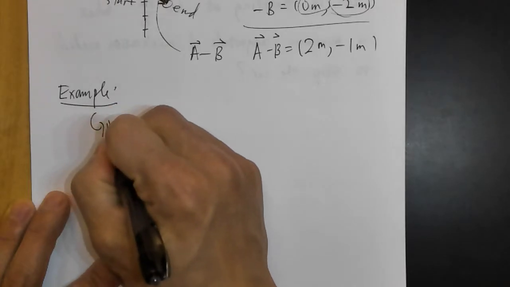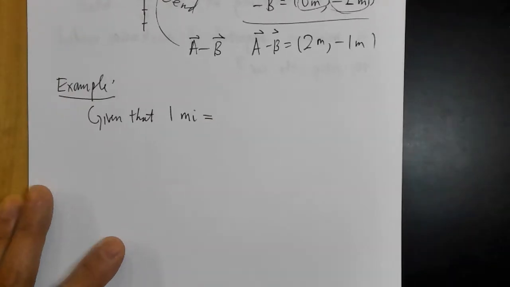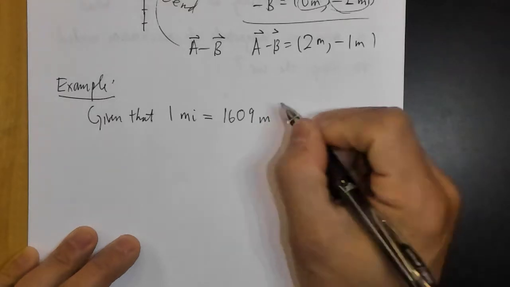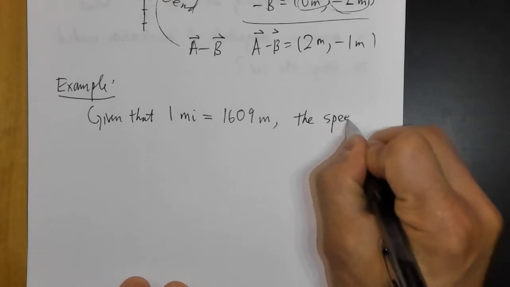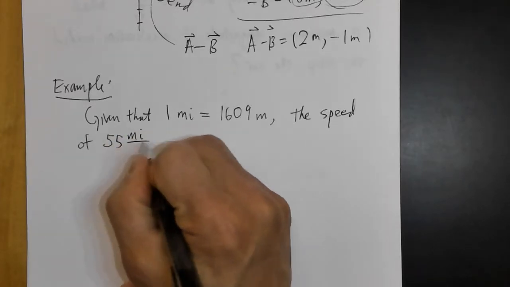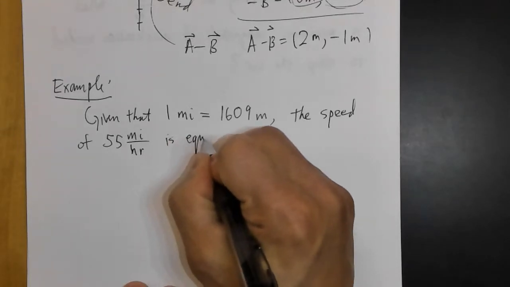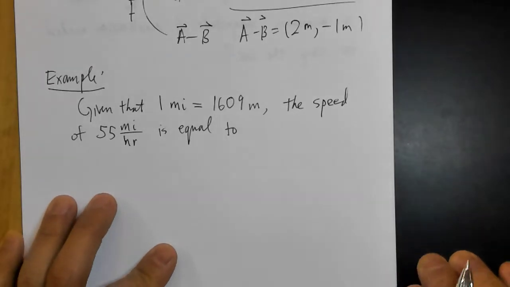Let's say, given that 1 mile is equal to about 1,609 meters, the speed of 55 miles per hour is equal to, by the way, the abbreviation for hour, sometimes you see it as H, sometimes you see it as HR. I've seen both. It is equal to what?